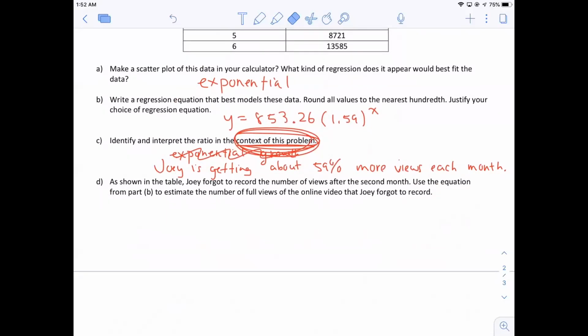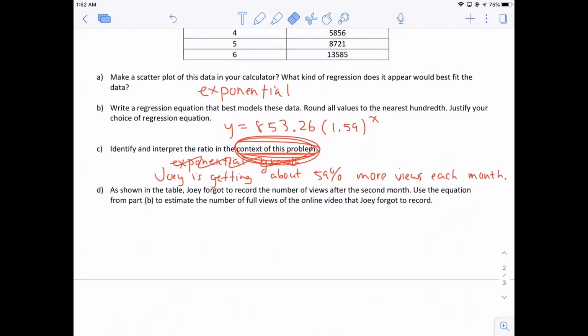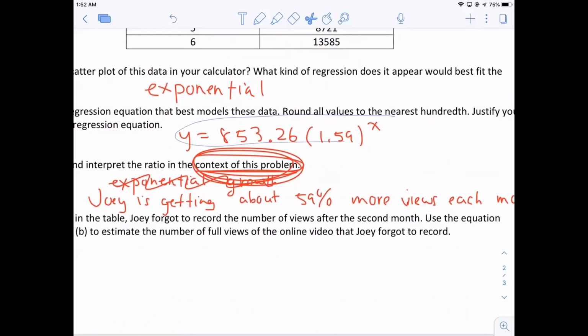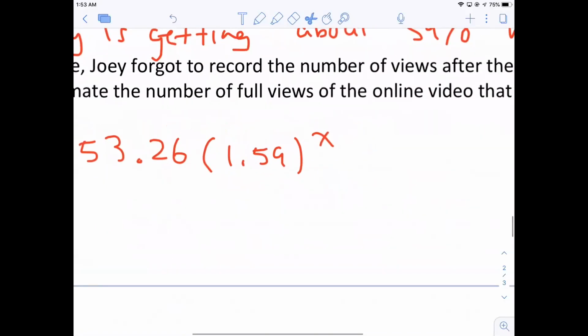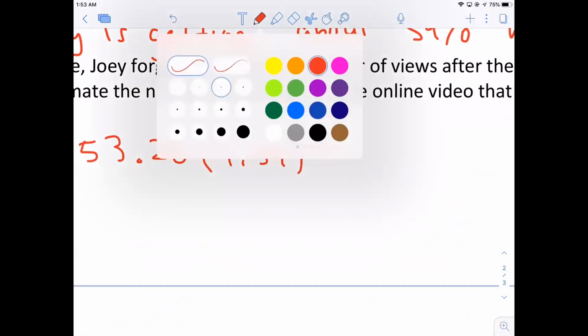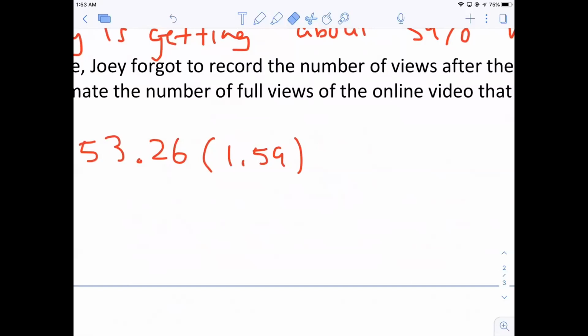As shown in the table, Joey forgot to record the number of views after the second month. Use the equation from part B to estimate the number of full views of the all-in video that Joey forgot to record. So how many views did he get after 2 months? We got our equation. We can use this equation to fill that data in. So all we have to do is plug in a 2 for x, because x was the months.